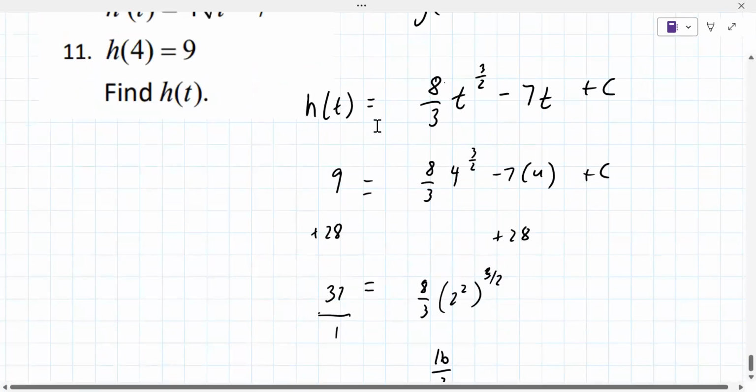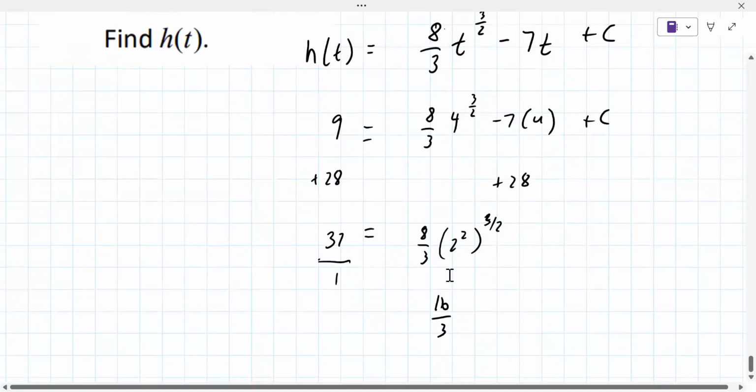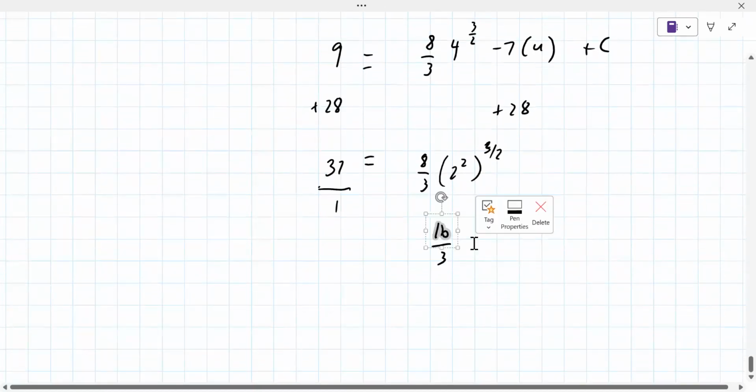Something's wrong here. This is fine, minus 7t plus c. So you put the 9 in there, the 4 there, 2 squared, 2 to the power 3 is 8. Oh, that's what it is. It's 64/3. Sorry, that's why this is so messed up. 64/3.